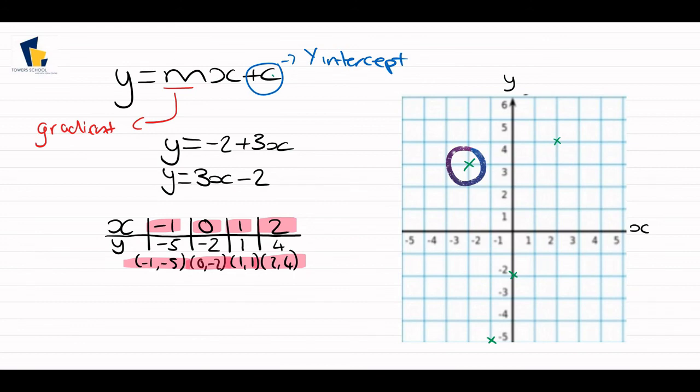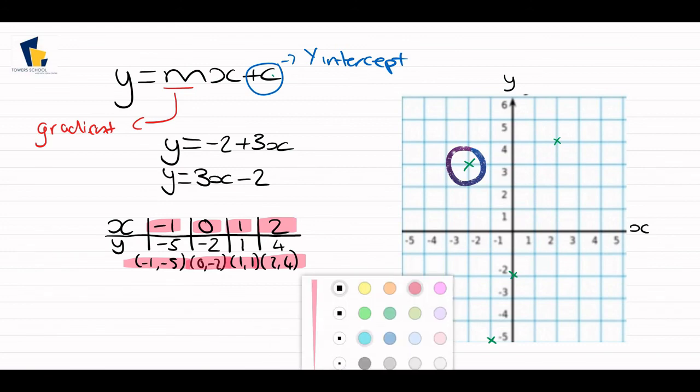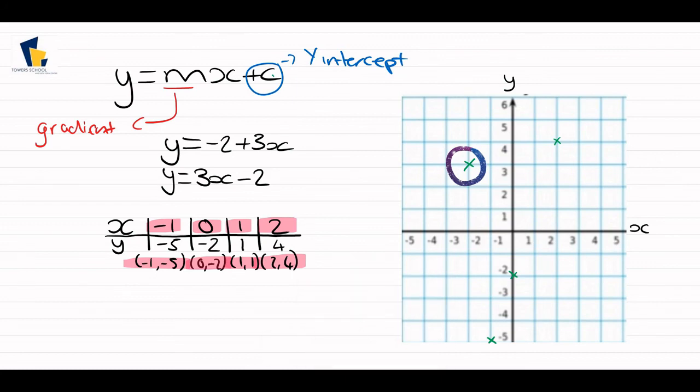We're drawing straight lines, they have to be straight. If you have something over here, one of two things has probably gone wrong. One is that in your table of values, one of these is not correct. You've substituted it wrong. Or if you had, for example, the coordinates of 2, 4, you may have plotted them around the other way and put 4, 2. So just check that one.